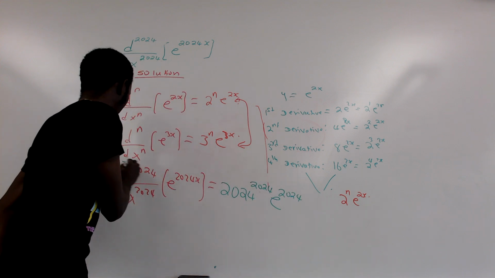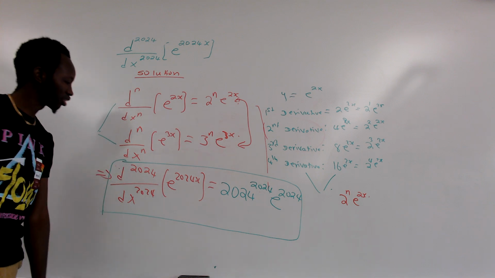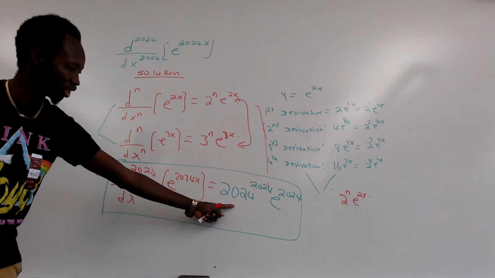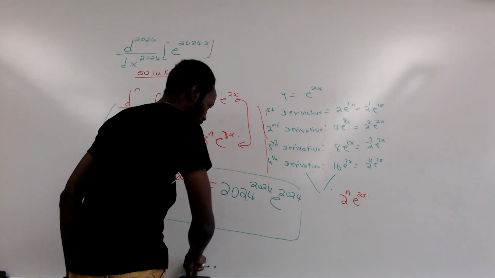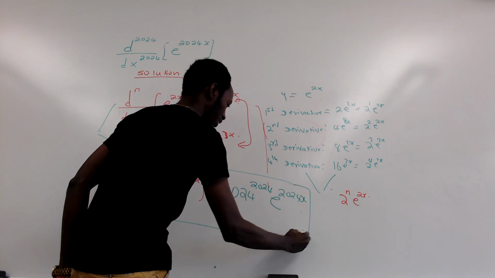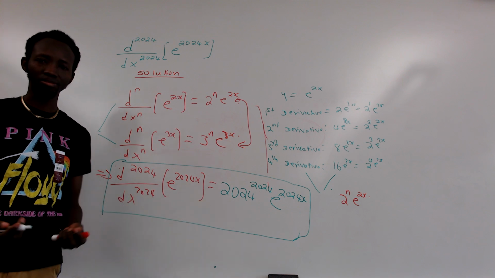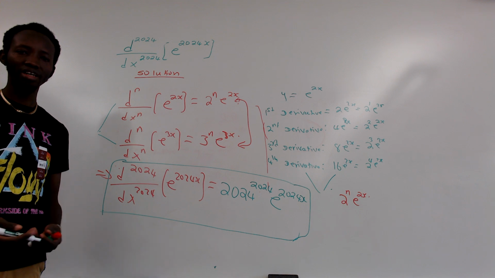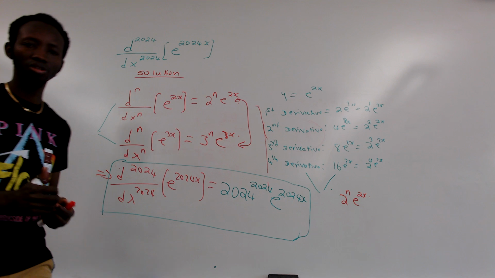So this is the result. The derivative d^2024/dx^2024 of e raised to power 2024x equals 2024 raised to power 2024 e raised to power 2024x. Don't forget, we need to indicate what is exactly here. So the derivative of this equals this. So simple and straightforward. I hope it makes sense and we can sit carefully and work it in less than 2 or 3 minutes. Thank you. Stay blessed.